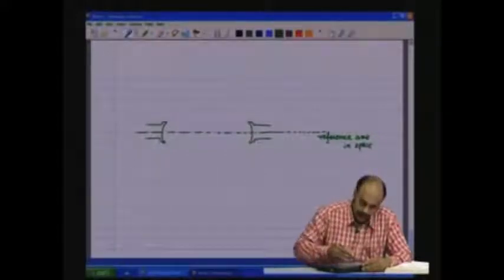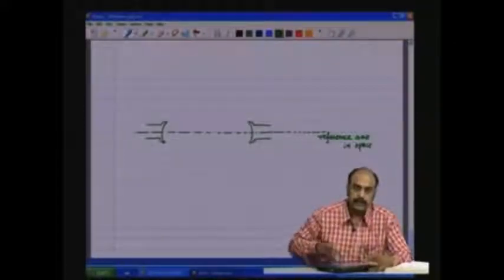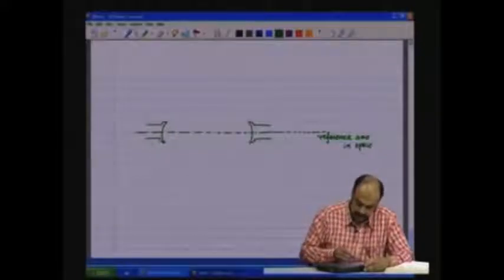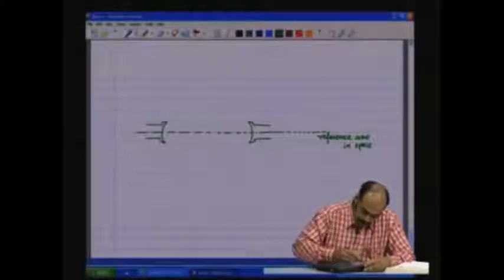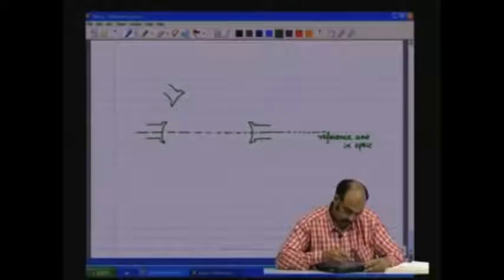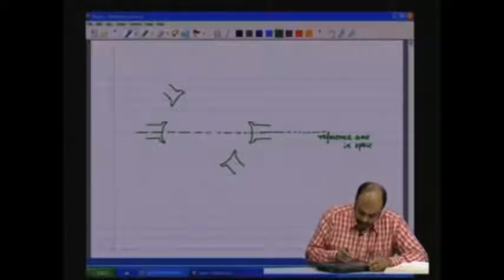Then let us have another pole set which is 120 degrees displaced. So, let me have one more set of pole which is like that, and one more which is 120 degrees displaced, which is of this nature.